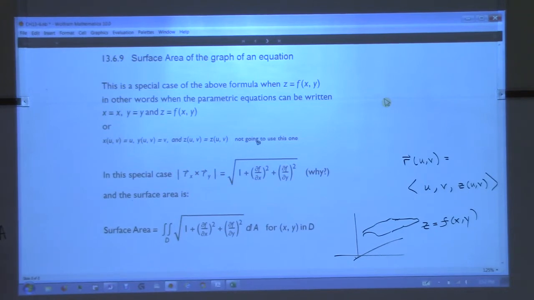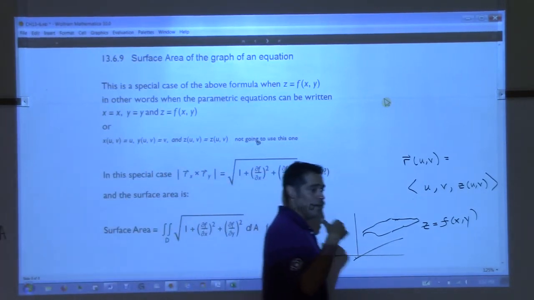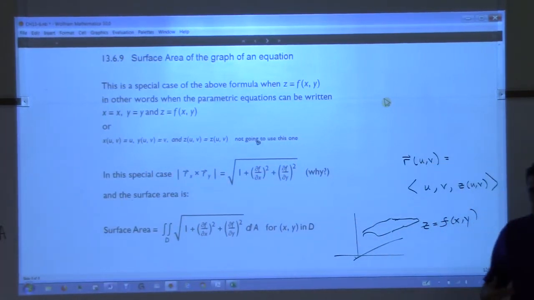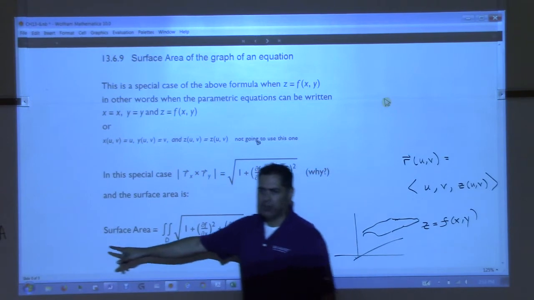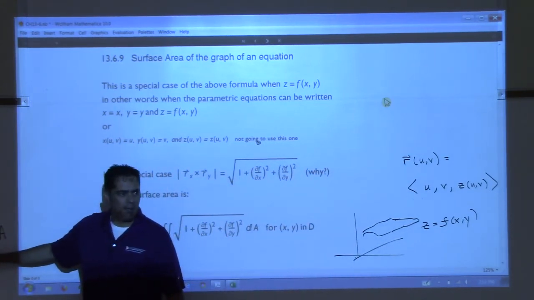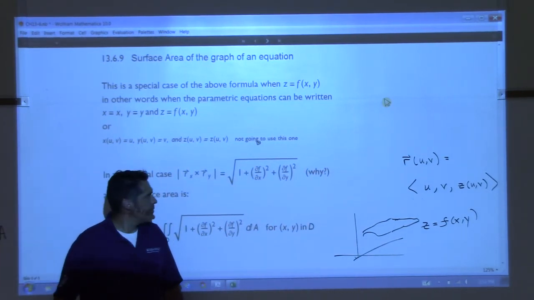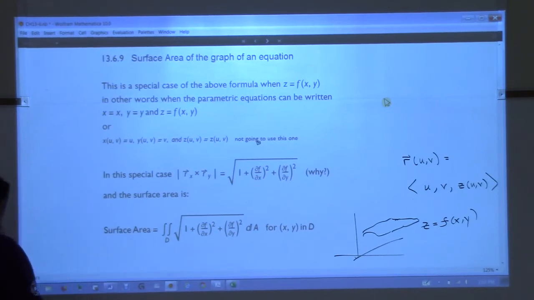All this does is make our life a lot easier and it's faster when we actually do a problem. I use some different notation here. Partial of f with respect to y, I just did f subscript y here. Same thing. Okay? So let's use this now in an actual example.